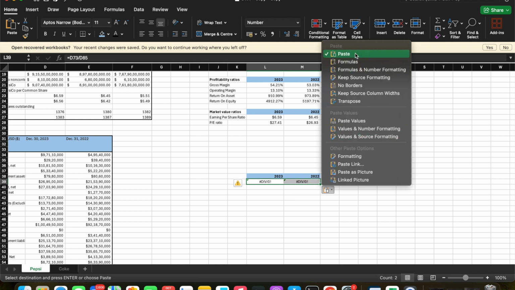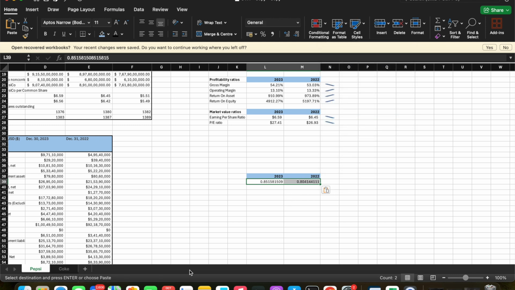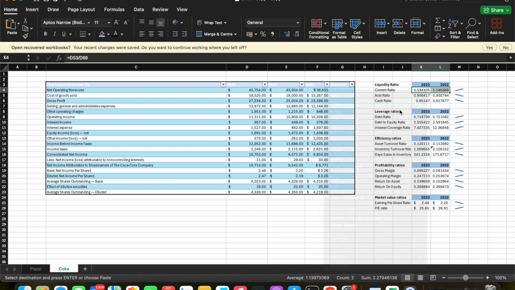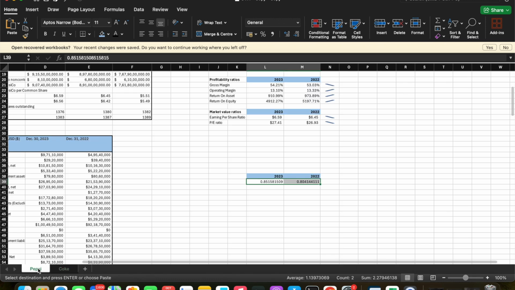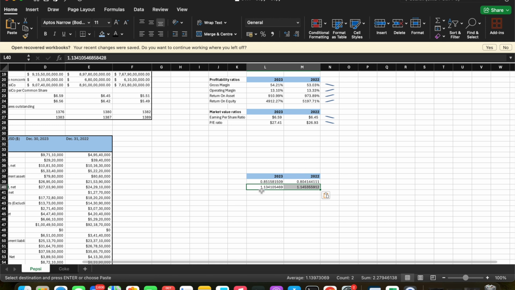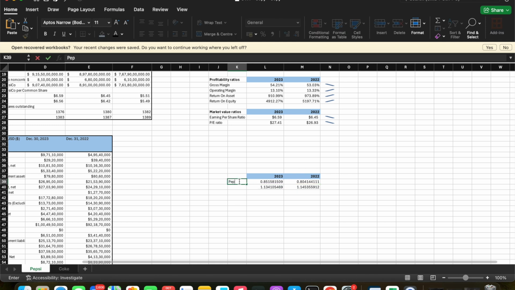I need to paste the values only. Here you go, and then need the data of Coca-Cola company, the current ratio. So I'm going to make the graph for only the current ratio because I just want you to know how you're gonna build the graph and make your data table, which you can use on Microsoft Word file and write a report.